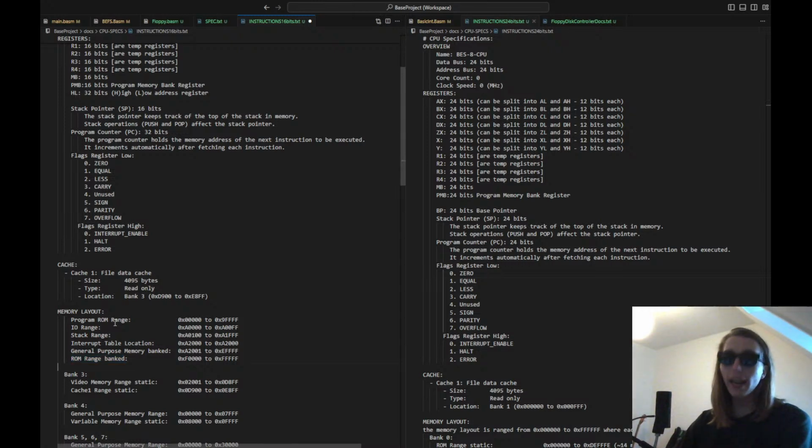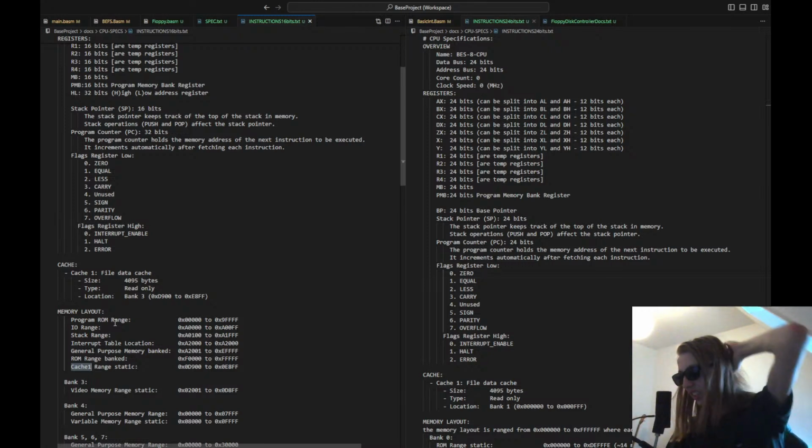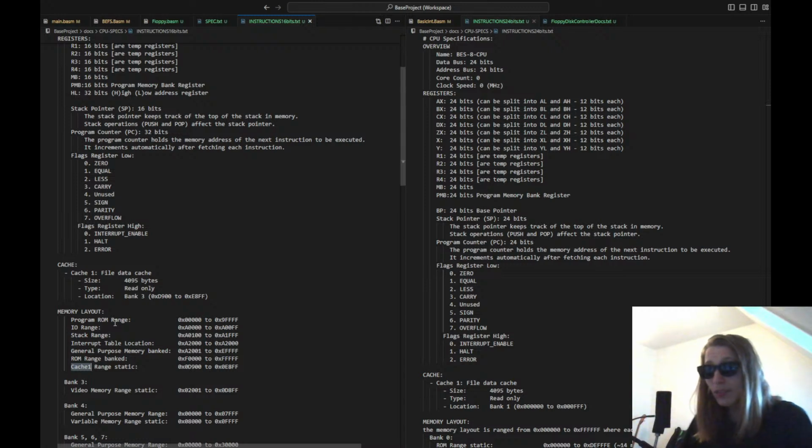Now, what do we do with the caches? Because we at least have one cache here, which is about 1 kilobyte. Actually, 4 kilobytes. We don't have a specific range of it. So let's just, I guess, make it inside of here, inside general purpose memory.